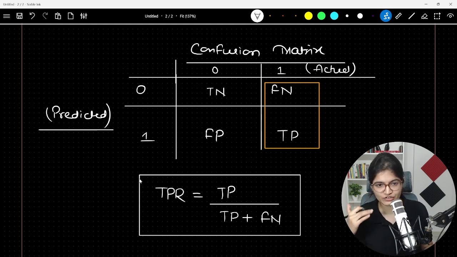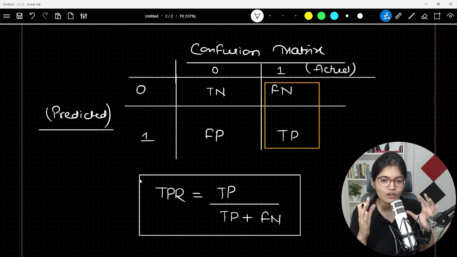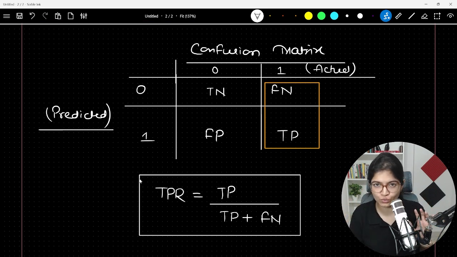So what is TPR? It is nothing but the ratio of how many are genuinely true positive predictions out of total actual values which are true in nature, which are actually obese. So this is the meaning of TPR.